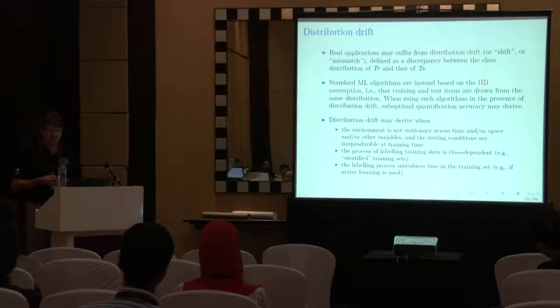It's essentially a case in which the IID assumption breaks down. Standard machine learning algorithms in general are based on the so-called IID assumption, which means that we assume that both the training and the test data are independently and identically distributed, sampled randomly from the underlying distribution.